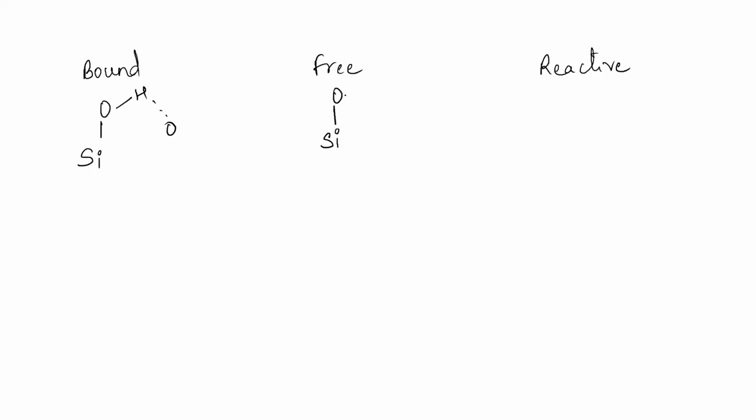Now on the silica, I told you about the silanol groups. The silanol groups are either bound, or free, or reactive. This is how SiOH looks. This is the silanol group. Sometimes this is bound, sometimes it is free. This is the reactive silanol.